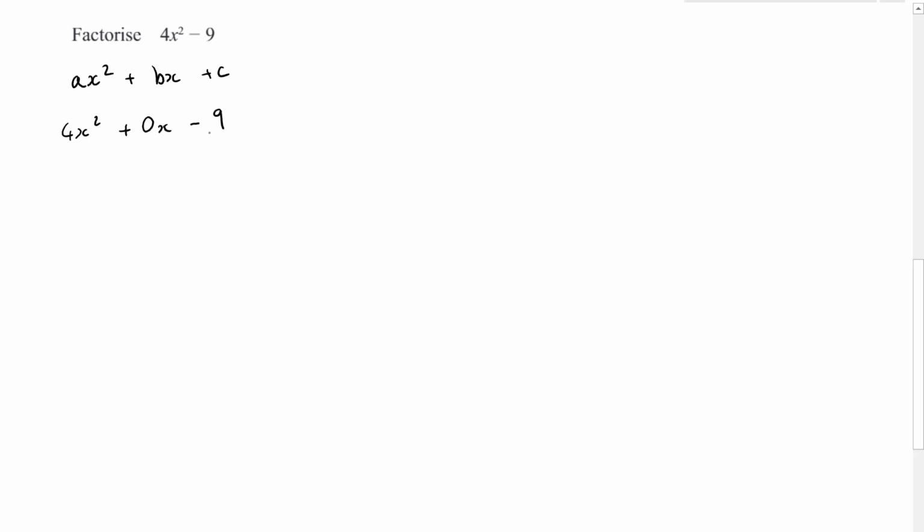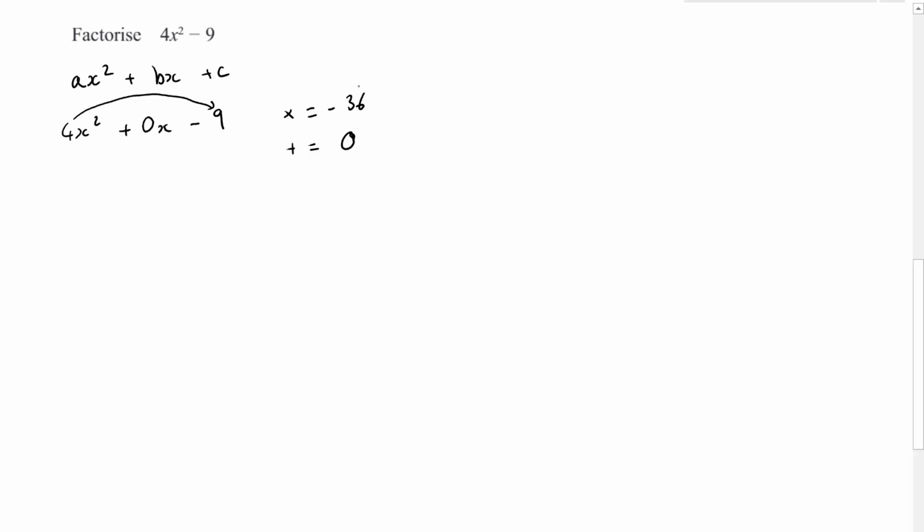And we said in order to factorize these things, we're going to take the 4, multiply it by the 9, and so we're looking for two things that multiply to give minus 36, as in 4 times minus 9, and we're looking for two things that add to give plus 0, or just 0. Now, if we're looking for things that add to give 0, it has to be that number and itself in negative form.